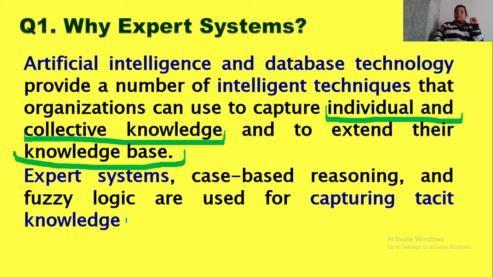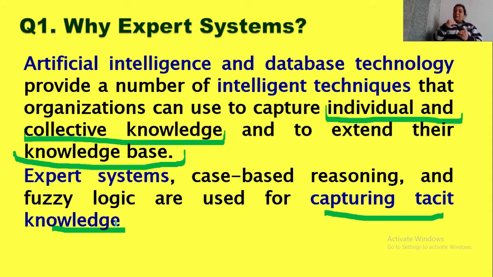Now, expert systems, case-based reasoning and fuzzy logic are used for capturing tacit knowledge. What does it mean? Tacit knowledge is all that knowledge which cannot be expressed easily, which can only be felt with the years of experience of a particular professional or an expert.